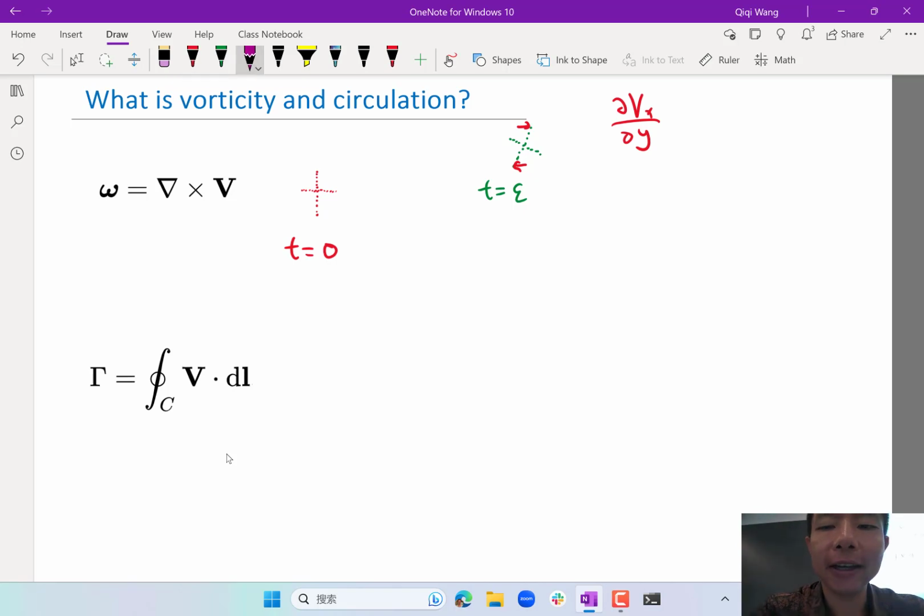How about here? The horizontal line has also tilted. So that means there is again a relative velocity, but in the vertical direction, when the fluid particles are separated apart in the x direction. What does that mean for the partial derivative?